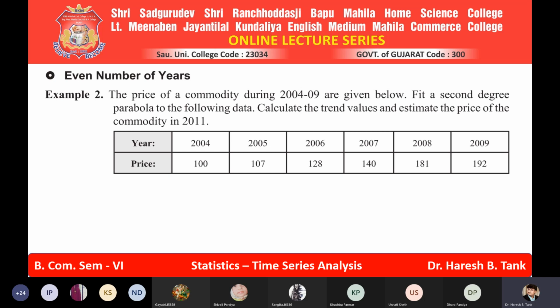That is why it is called a second degree. Degree is 2. That means the highest power of a variable is 2. For a moment let us suppose that variable is x and the highest power is 2, so it will form x squared. So this sort of equation is called a second degree parabola.